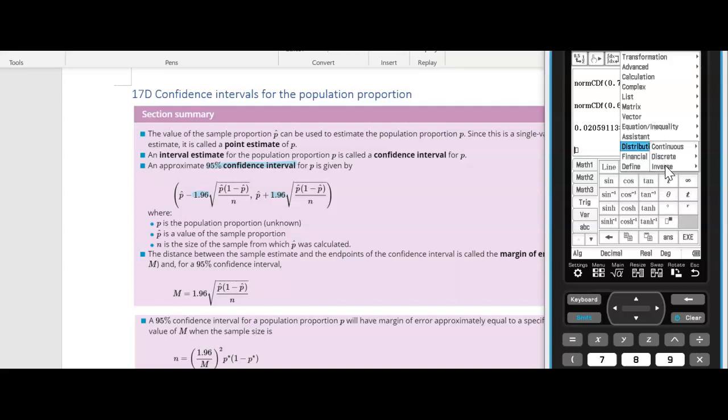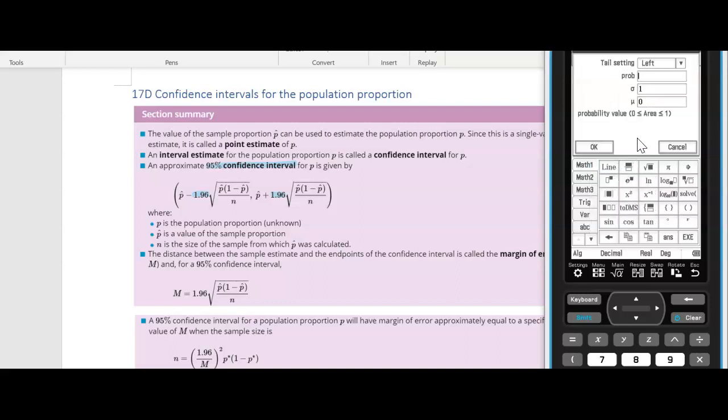So we want to go to inverse and inverse normal. If I just go to center, it's probably a bit better because we're looking at the proportion in the middle. For this one, we're looking at 95%, so it's 0.95, so 95% confidence interval.